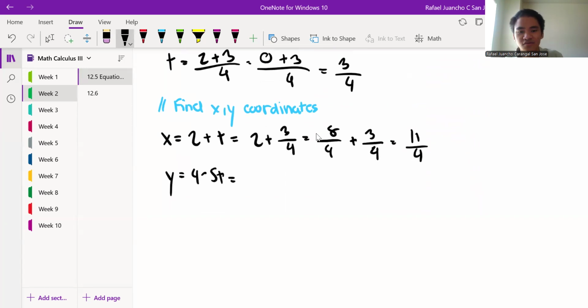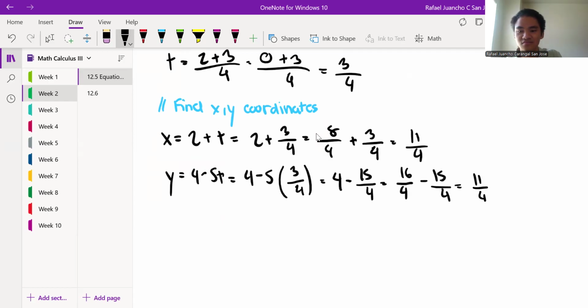Now we just plug in the 3/4. We get 4 minus 15 over 4, so 16 minus 15... I probably messed up somewhere. Oh, 16 minus 15 is 1. So 1/4.